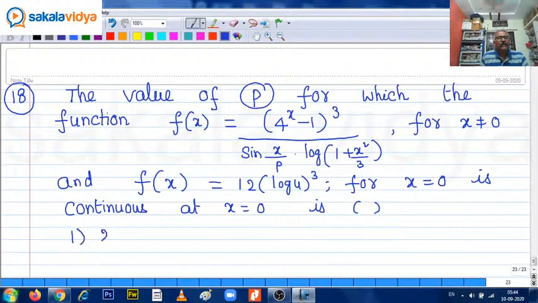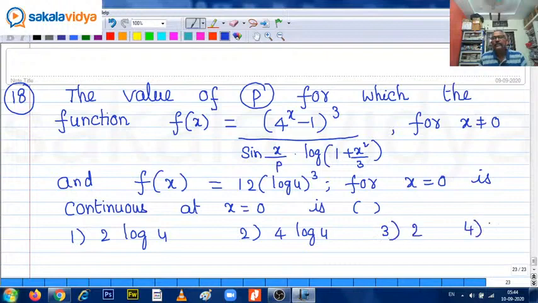First option 2 log 4, second option 4 log 4, third is 2, fourth is 4. This is a very, very important question.